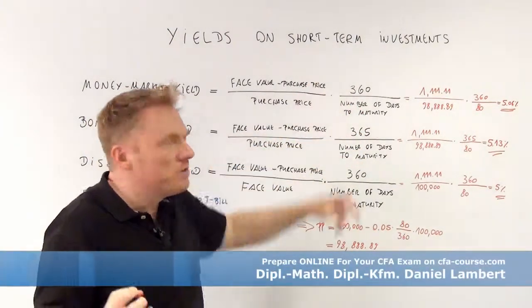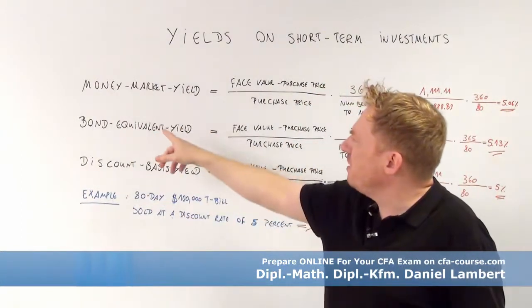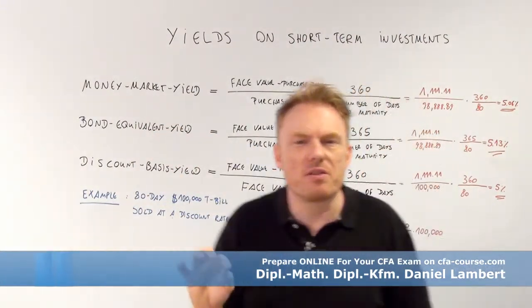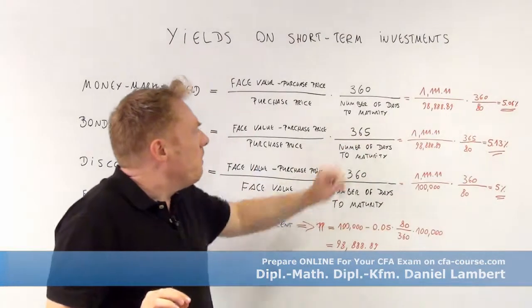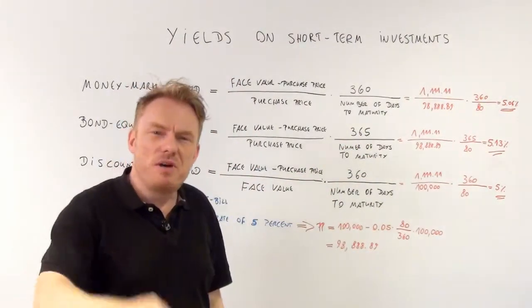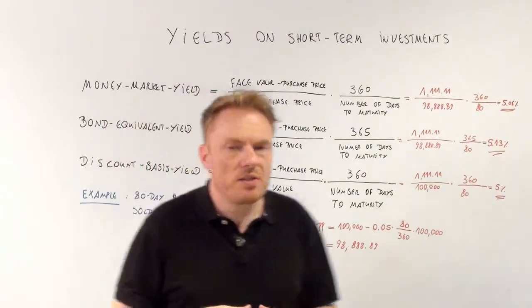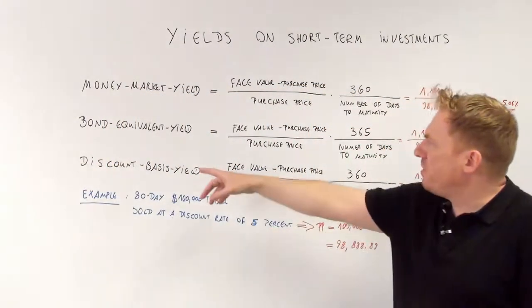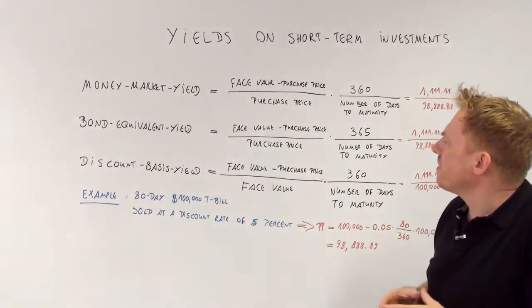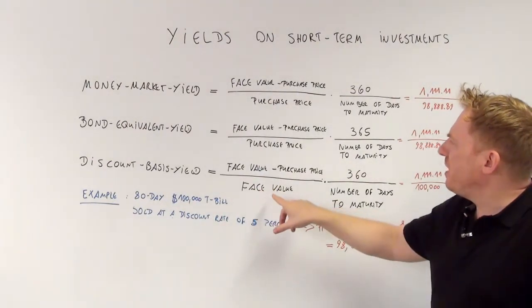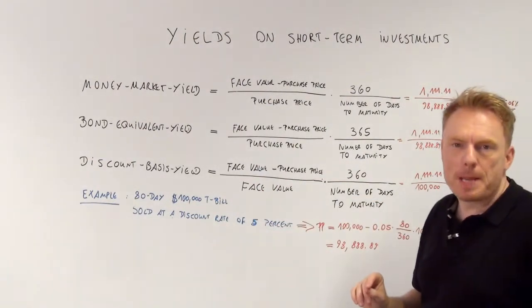And that's the difference between the money market yield and the bond equivalent yield, because the bond equivalent yield means that we have 365 days, not 360 days. And there is a third yield, the discount basis yield, which divides by face value, not by purchase price.